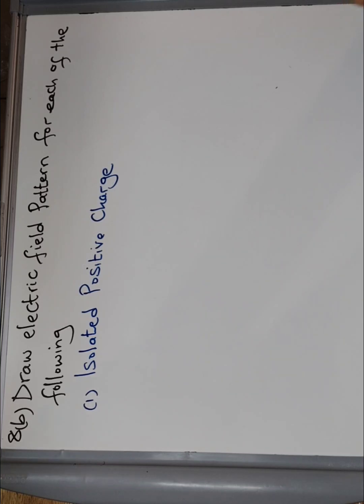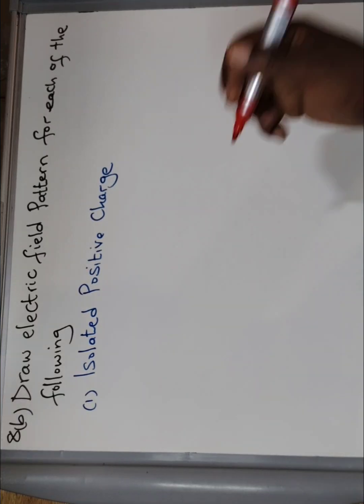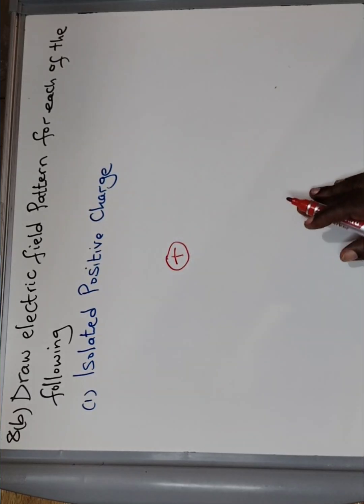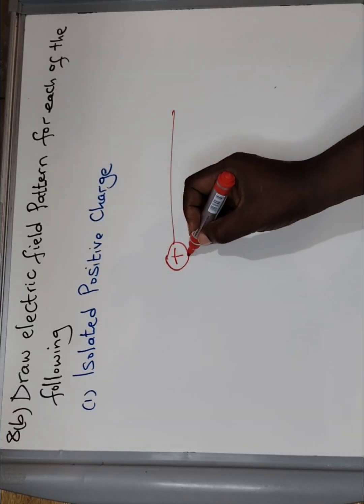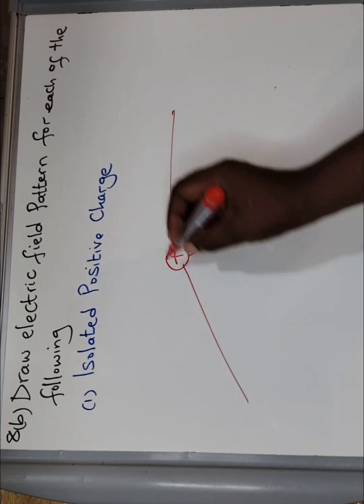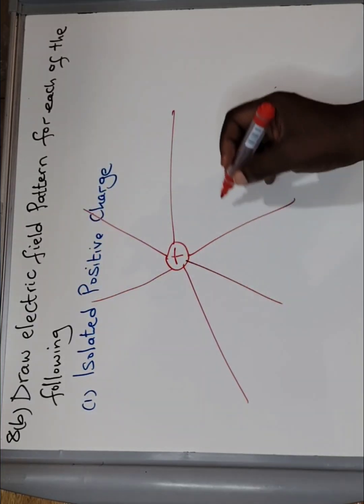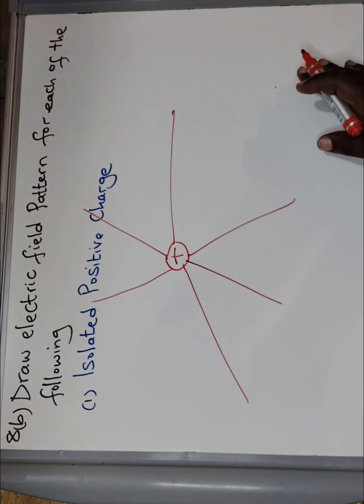Isolated means that this charge does not have any charged neighbor around. So it is alone. If it is alone, what will be the pattern? The pattern is that it will radiate outside like that, in straight lines. So this is how the field lines will be.